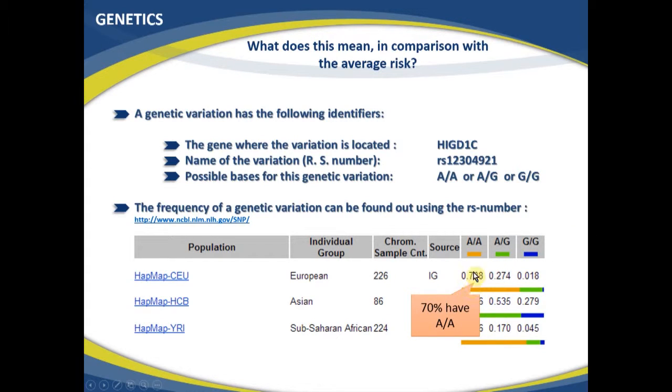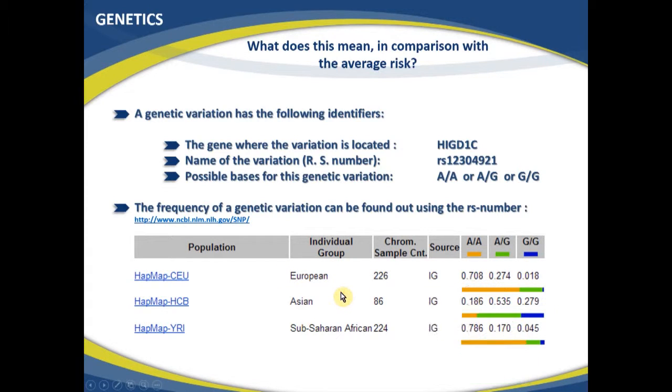And here you can see AA is most of the bar. So AA means 70% of the European population have an AA at this position. 27% have an AG, and 1.8% have a GG. So this in Europe is how common this genetic variation is.